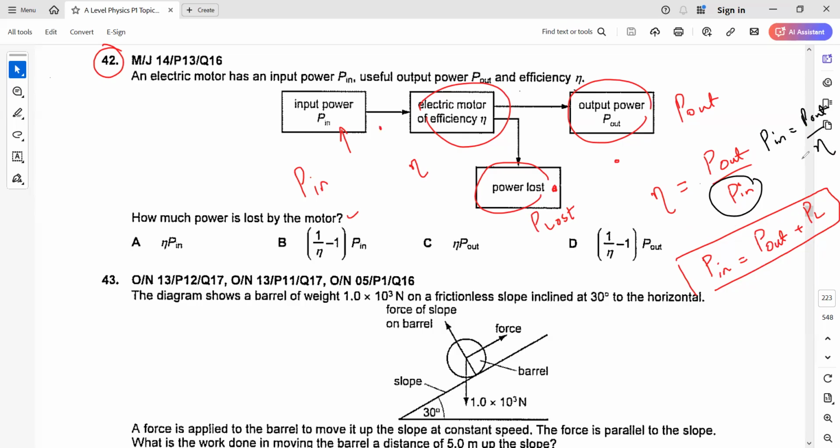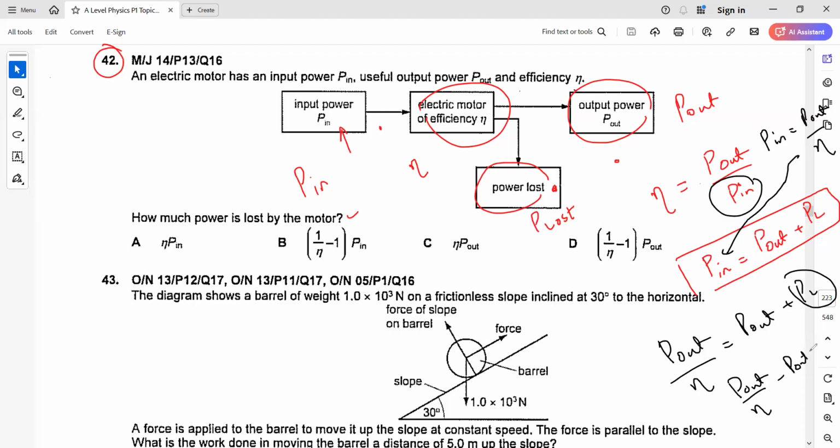Yeah, makes more sense. Let's plug this in here. So power output over eta is equal to power output plus power lost. So power output over eta minus power output is equal to power lost.